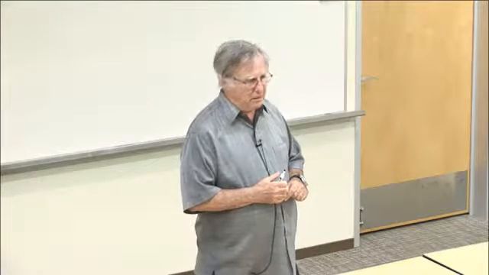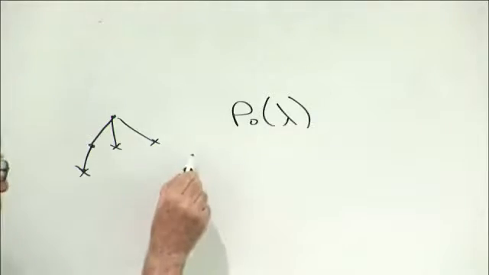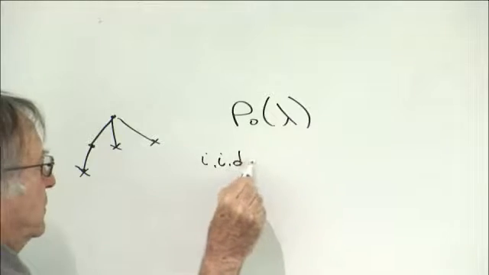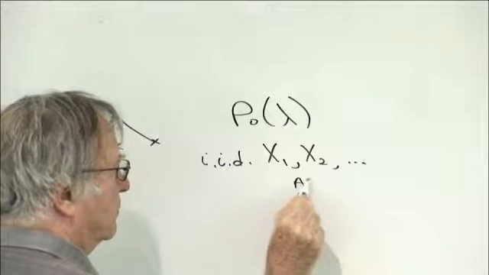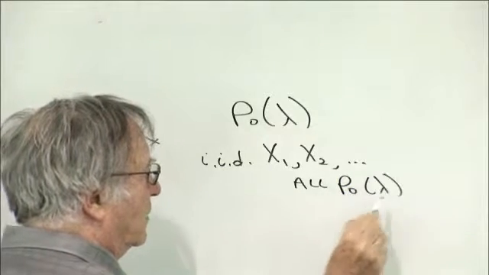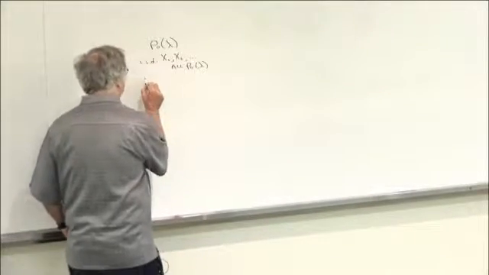In terms of probability theory, the way I'm going to describe it is to have an infinite sequence of IID Poisson lambda variables, and then the root node has x1 children, and the next node has x2 children, and the next node has x3 children. And the underlying probability space is this infinite sequence, though I like to use the phrase fictitious continuation here.